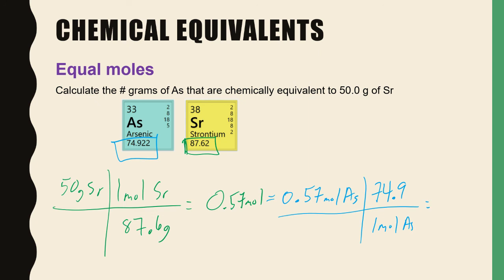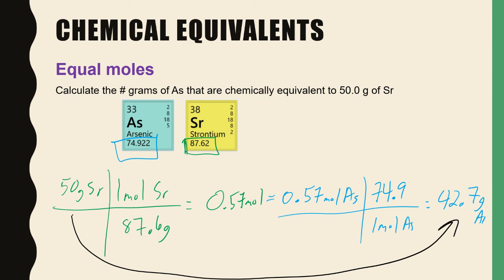And if I multiply 0.57 times 74.9, that gives me 42.6, or 7 basically, grams of arsenic. So these are molar equivalents. If I had 50 grams of strontium, that has the same atoms as 42.7 grams of arsenic.